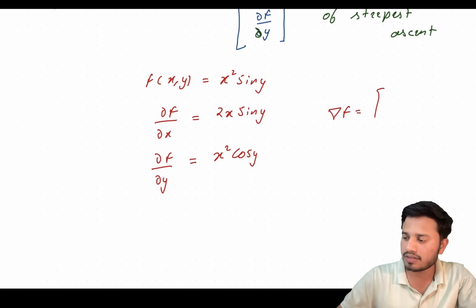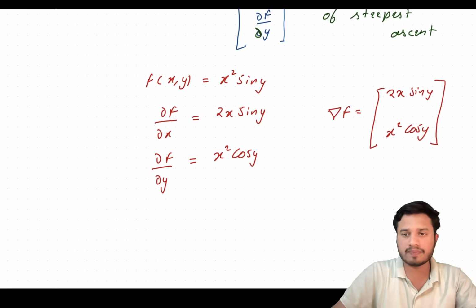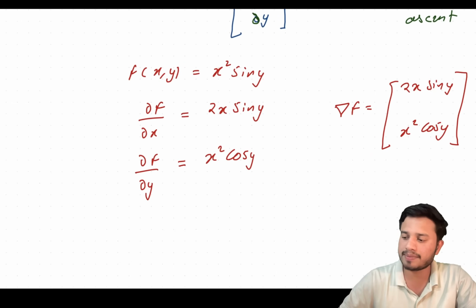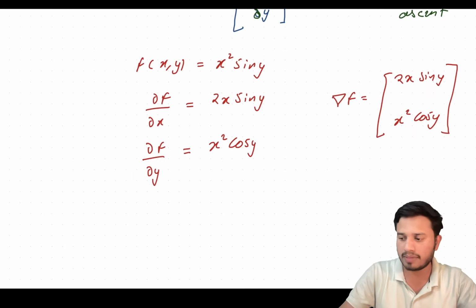In vector form, just remember, the gradient vector will be sine y i plus x cos y j. You can work this out on the 3D Desmos website. Just put this x sine y there and get a mountain shaped object.